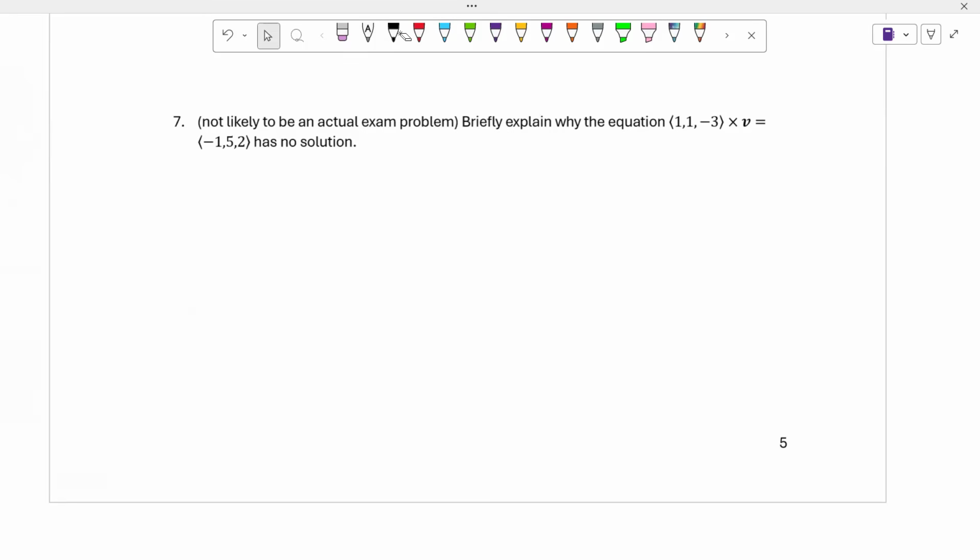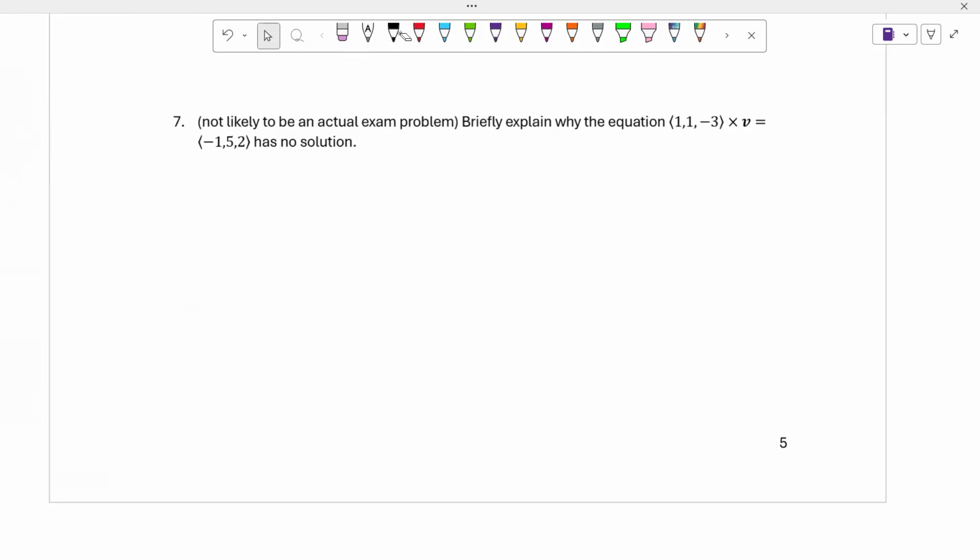So, thinking about stuff we know about cross products, anytime I take the cross product of 2 vectors, I should get a result that is perpendicular to both vectors. I can't really say much about v because it's my solution vector that I'm going to solve for, but I do have 2 known vectors.